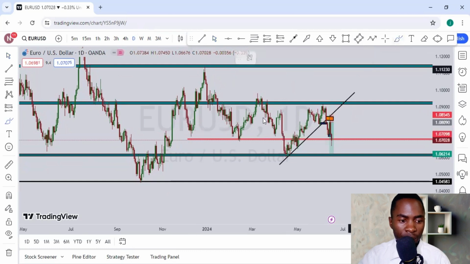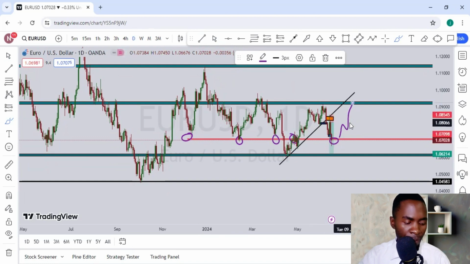You can see the market also closed around here, and around here also, and there is a lot of reaction around here. So I intended to take my first take profit around this level because I knew that the market might reverse and continue with the uptrend. So that was my first take profit, which I anticipated around this place.